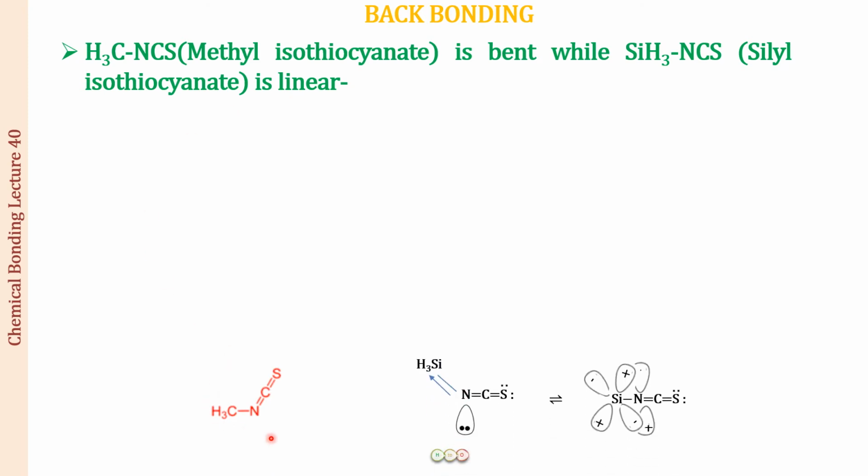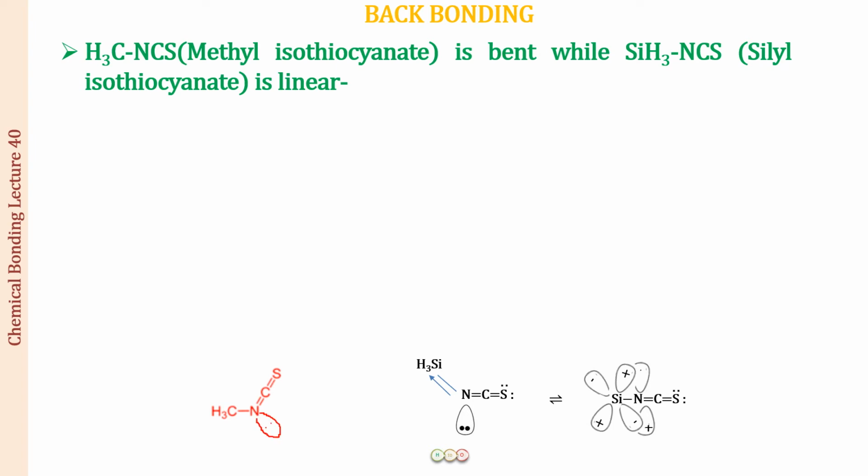Here, in methyl isothiocyanate, it is just like a tongue twister. We have nitrogen making a sigma bond with the carbon of the methyl group and a double bond with the carbon on the other side. And there is going to be one lone pair of electrons on this nitrogen.